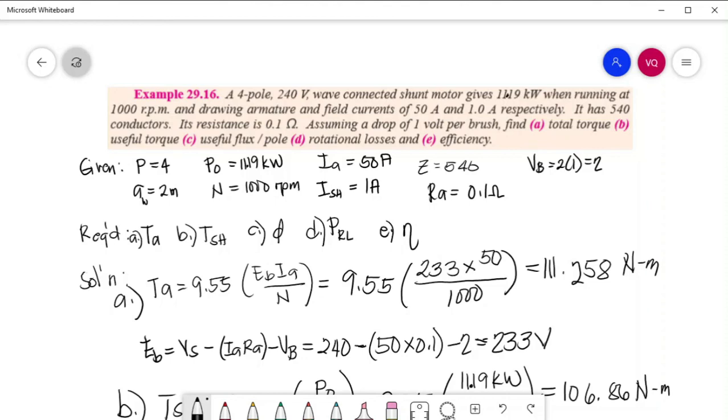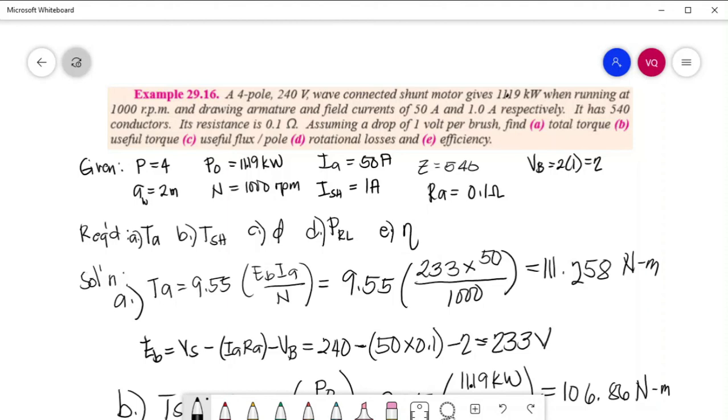Next, a 4-pole 240 volts wave-connected shunt motor gives 11.19 kilowatts when running at 1000 RPM and drawing armature and field currents of 50 amperes and 1 ampere respectively. It has 540 conductors.